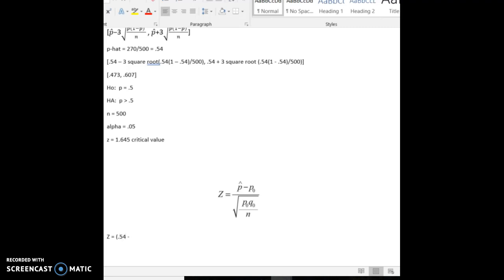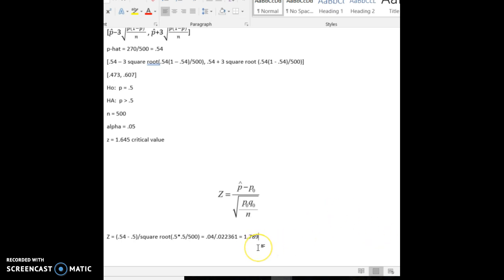P sub 0 is the p in our null hypothesis, so it's 0.5, divided by the square root of P0 again, which is 0.5, times Q0, which will be 1 minus 0.5, so it too will be 0.5, divided by our sample size of 500. And if we stick all this into our calculator, we will get 0.04 on top, divided by 0.022361 on the bottom, and that's going to end up being 1.789.